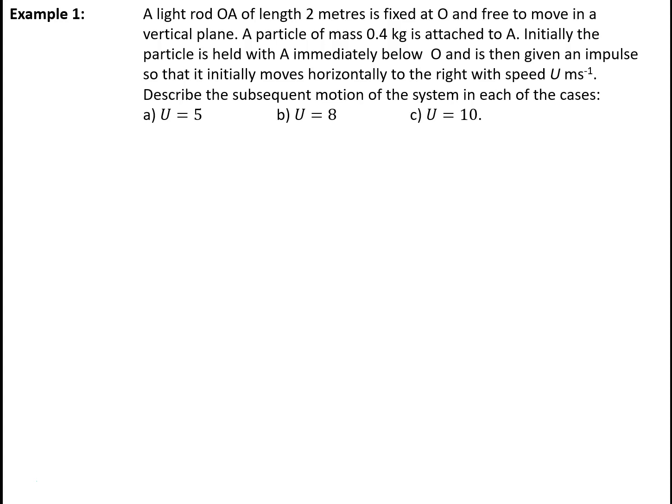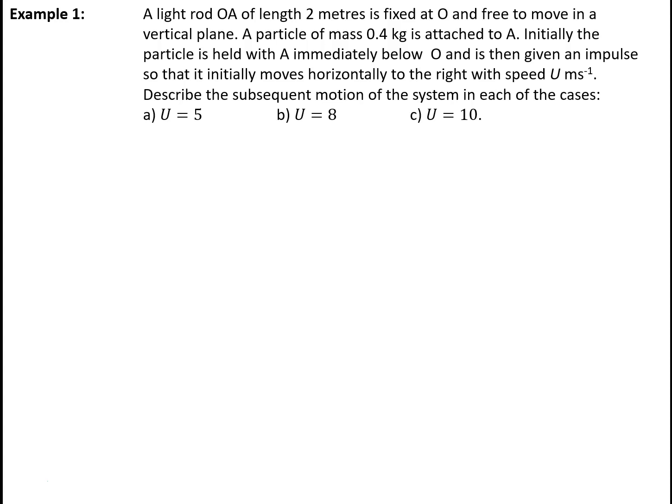Now, if the particle is only given a small impulse, so that u is small, then it's likely that the particle will just simply swing to and fro about the lowest point.